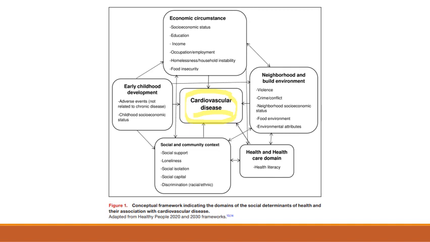It has all of these different determinants: economic circumstance, neighborhood, built environment, and so on and so forth. It has whether the determinants are bidirectional or unidirectional. Here's a bidirectional. This one here is unidirectional. I really enjoyed this. This was a good little map about that.